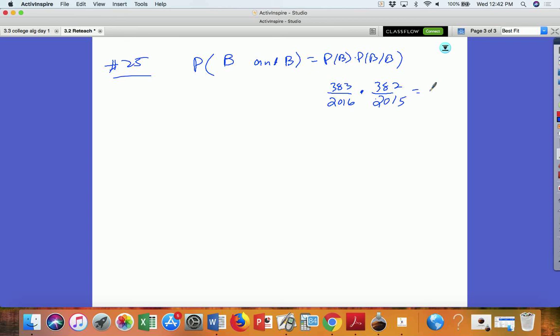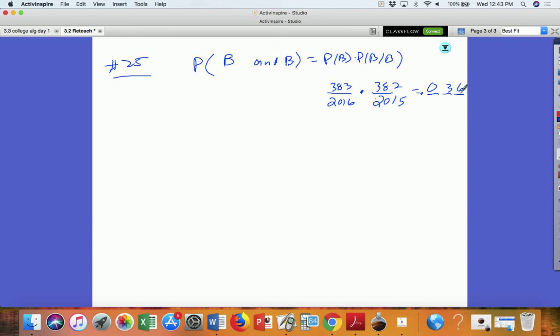Okay? Now, if you work this out, give me a decimal to 3 places. Zero, 3, 6. Okay.